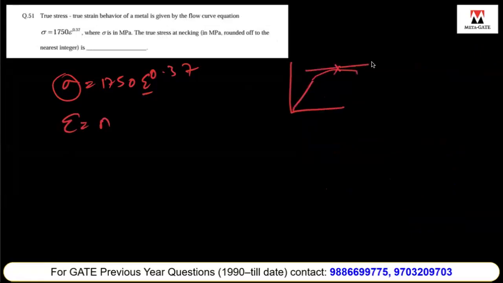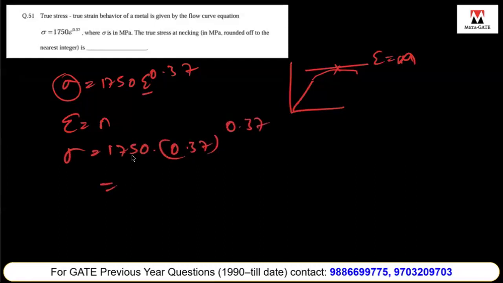So at necking, epsilon is equal to n. So sigma is equal to 1750 into 0.37 power 0.37, which comes to 1211 MPa. That is 1211. Thank you.